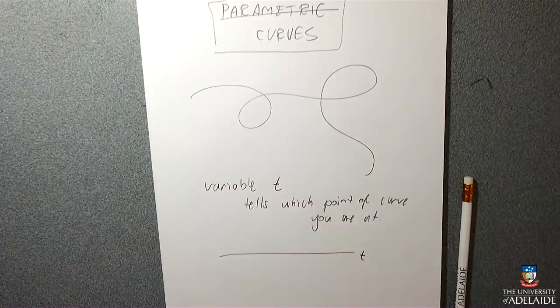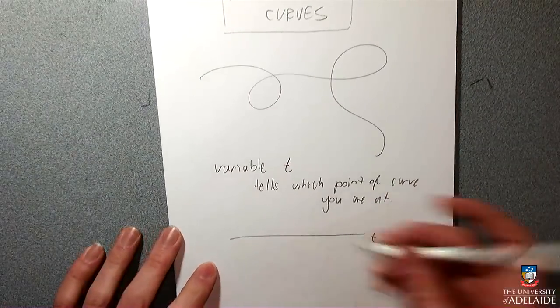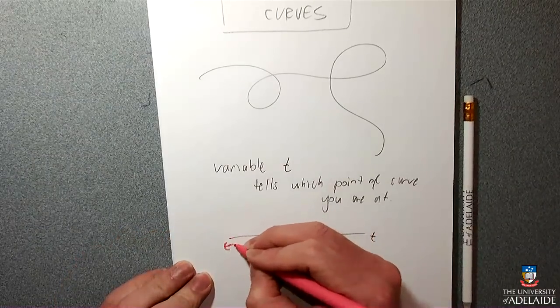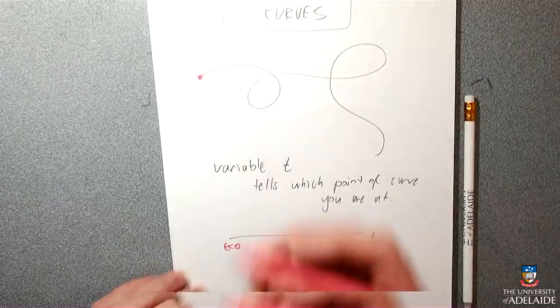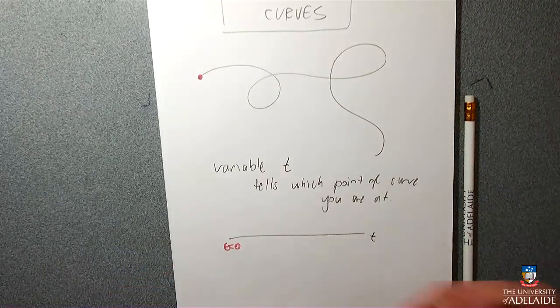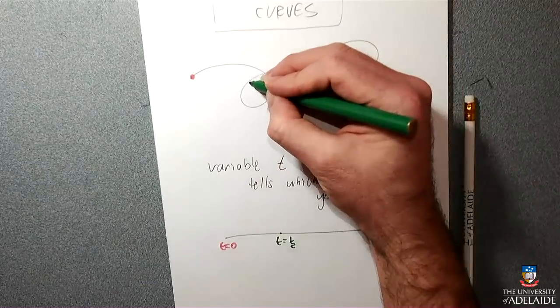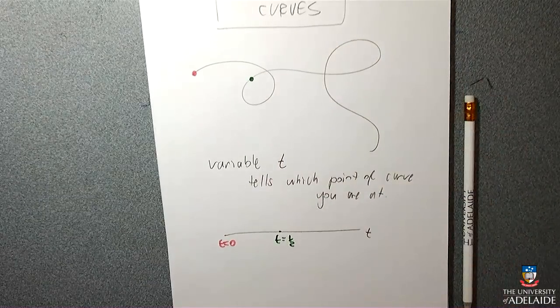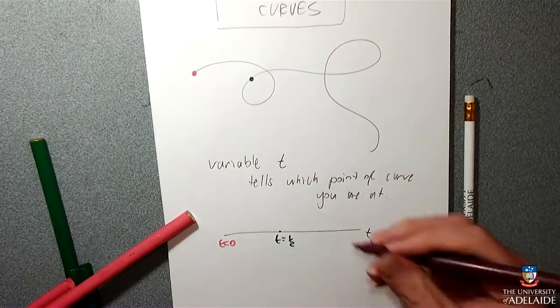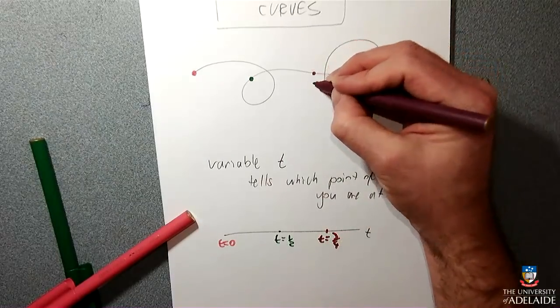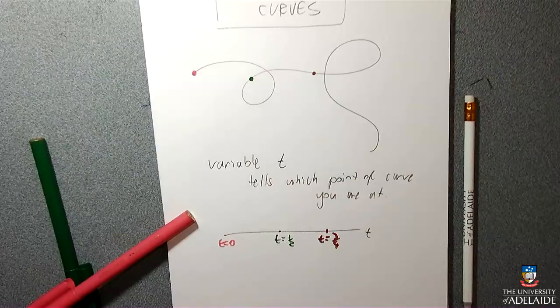That's important. So it may be that when t is 0, we're here, and when t is a half, we're here, and when t is 3/4, we're here, and then finally when t is equal to 1, we end up at the end.